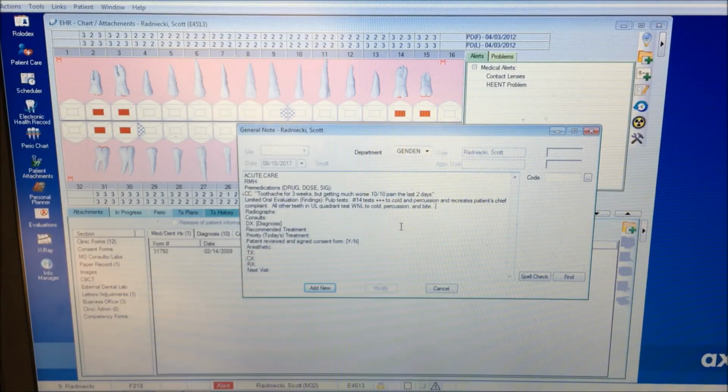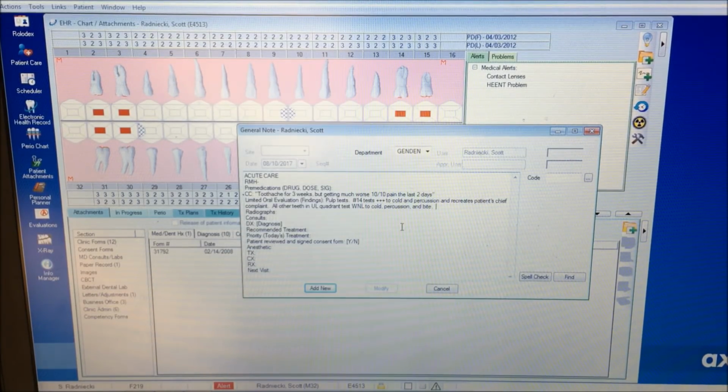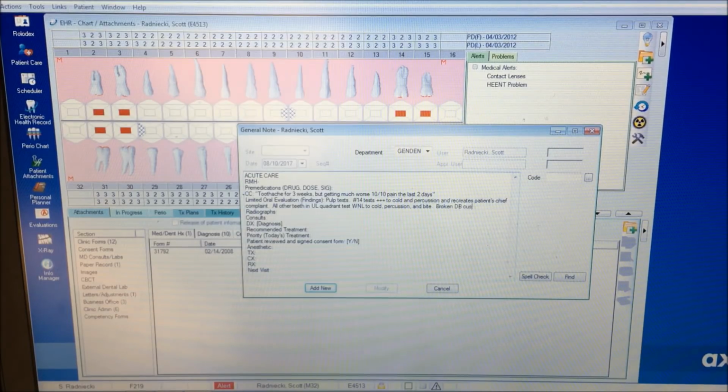This is where you're going to find all of the other information visually that you see in that area that you're testing. So, broken distal buccal cusp number 14 with obvious recurrent caries associated with existing MOD amalgam.